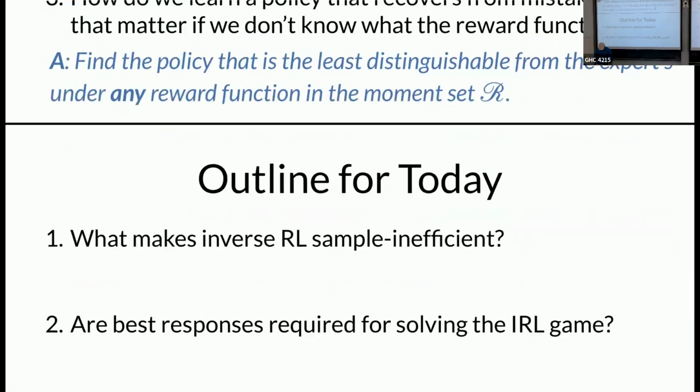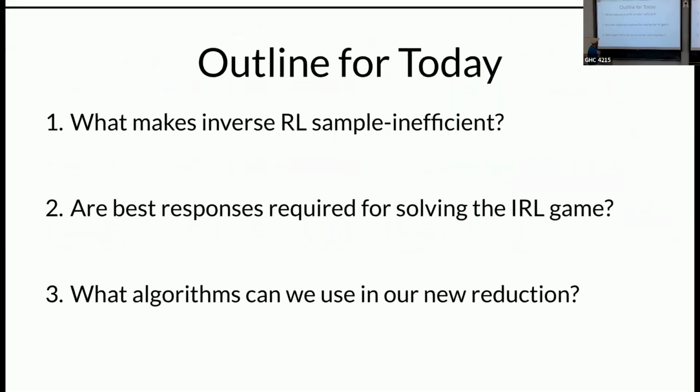So today we're going to try and talk about three questions. The first is, what is it that makes inverse reinforcement learning sample inefficient? We're going to talk about what takes the most compute and the most time in these algorithms. In case anyone is more proper than myself, I'm going to interchange sample efficiency and computational efficiency quite frequently today.